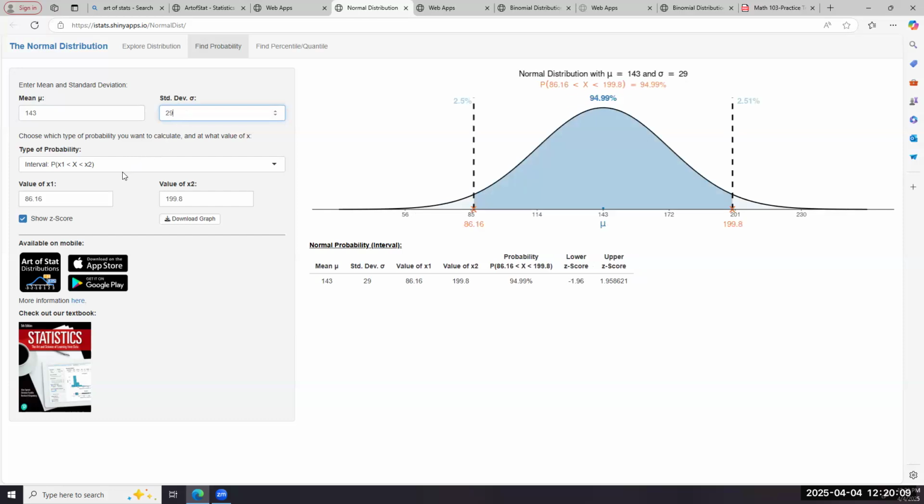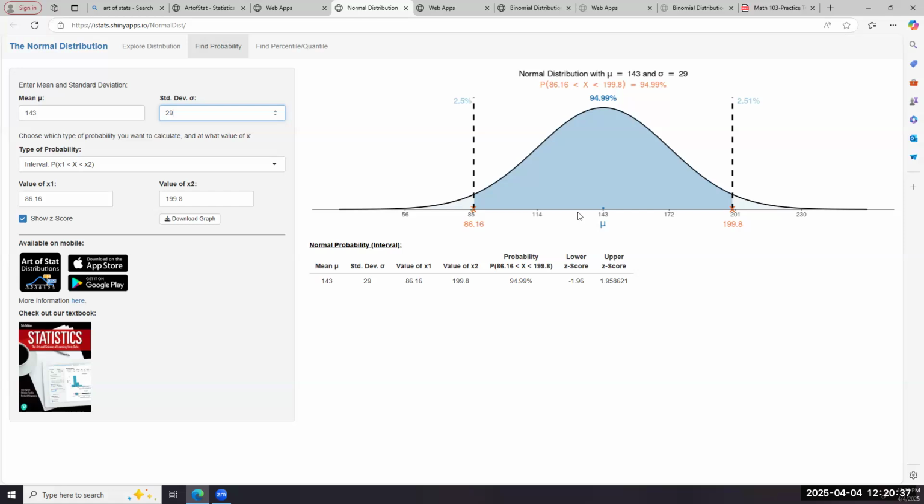But what do you want? The case that you are interested in is between x1 and x2. And the numbers that we have, everything is already there, okay? Officially, you can change this into the z-score, and you get the z-scores of 86.16, and these are the values that we have.